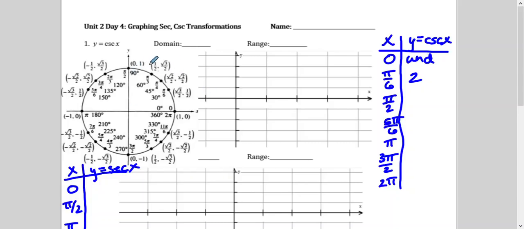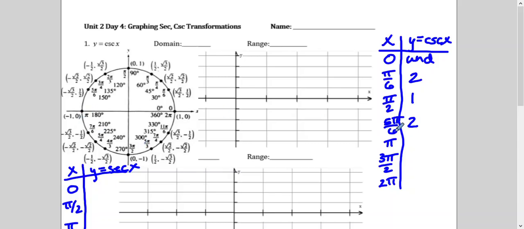At pi over 2, the sine is 1. The reciprocal is 1 over 1, which is 1. And back over to 5 pi over 6, because 1/2 has an easy reciprocal, and that's going to be 2 again. And then just to make sure I get all the way around the circle, I jumped ahead to pi.